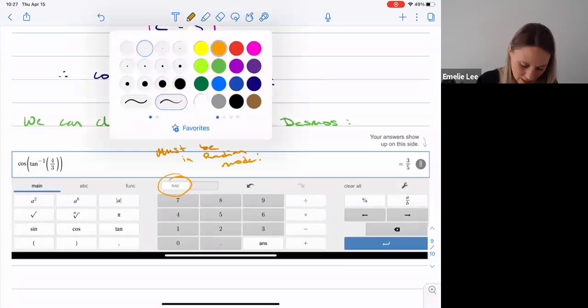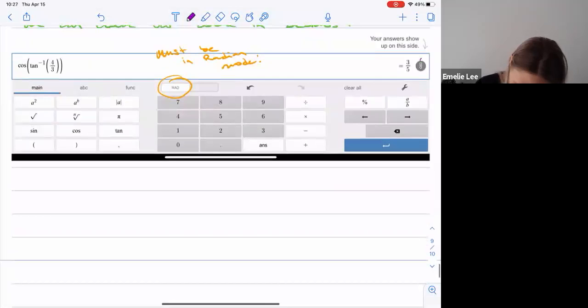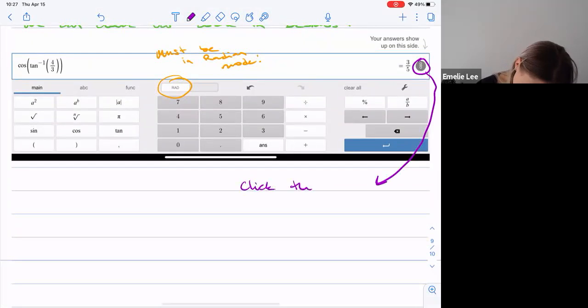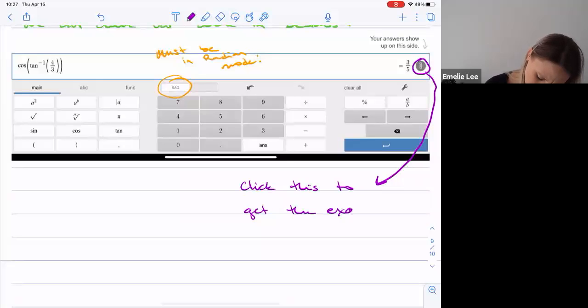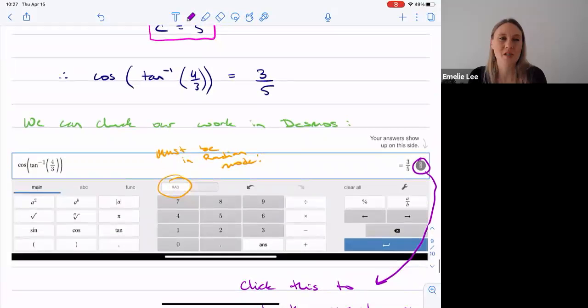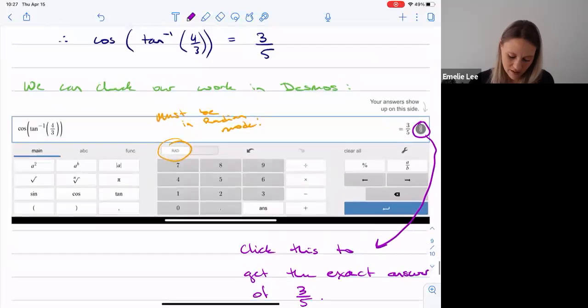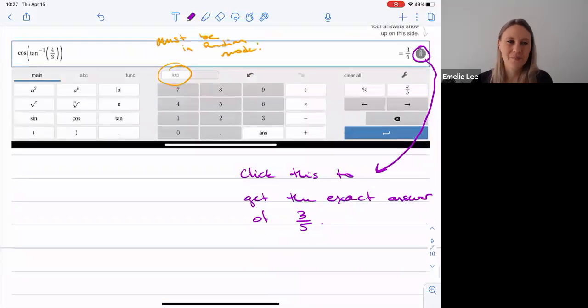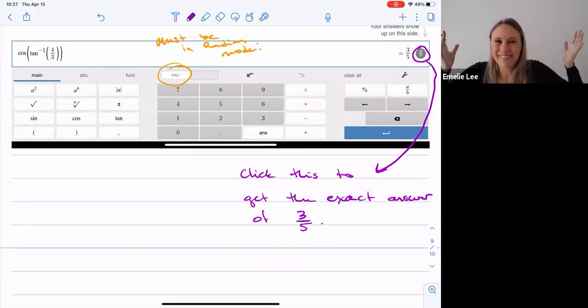And then you can hit this button here. Click this to get the exact answer of 3/5, which matches what we have. Okay. That's it. You did it.